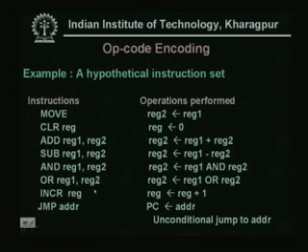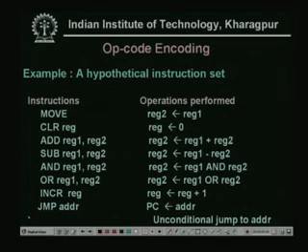Now we take one example of a hypothetical instruction set. Say I have the instructions: move, clear register, where reg means one register, add 2 registers, that means add the contents of 2 registers, register 1 and register 2 denoted as reg 1 and reg 2.